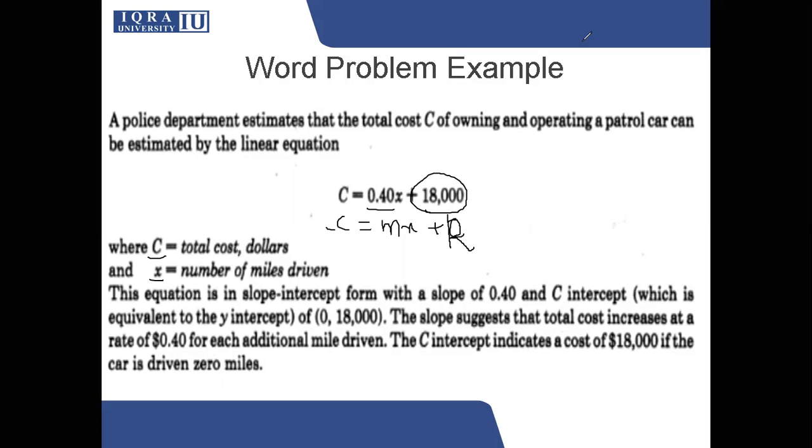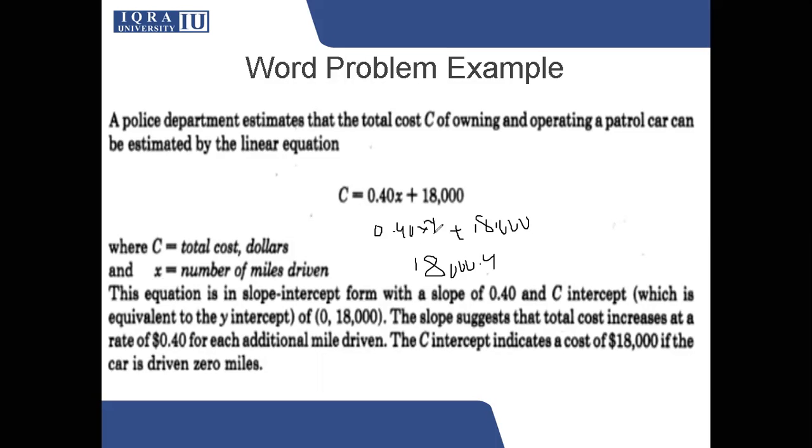Basically, you need to learn how to associate a word problem with the mathematics. What this is telling me is the cost of owning and operating a car in terms of the number of miles driven. So let's suppose I drive it 1 mile, then my total cost will be 0.40 times 1 plus 18,000, which turns out to be 18,000.4, right?